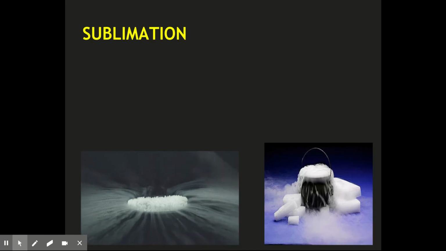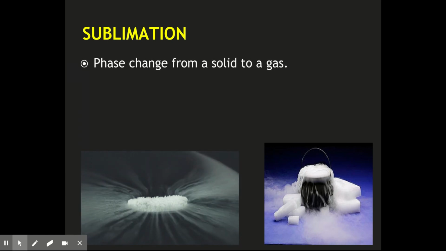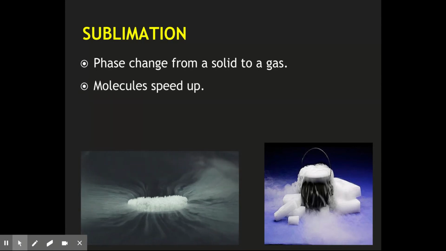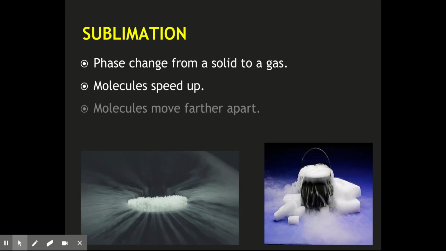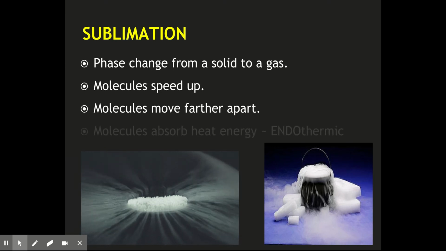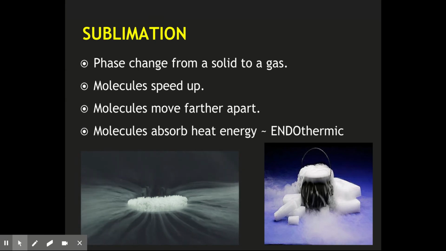Sublimation is something that we don't talk about very often out in our everyday worlds. Sublimation is a phase change from a solid right to a gas. Okay, the molecules speed up. The molecules move farther apart. And the molecules absorb heat energy.